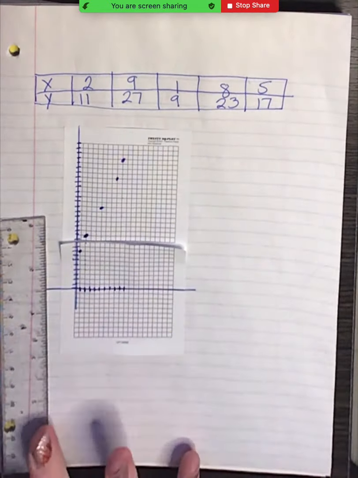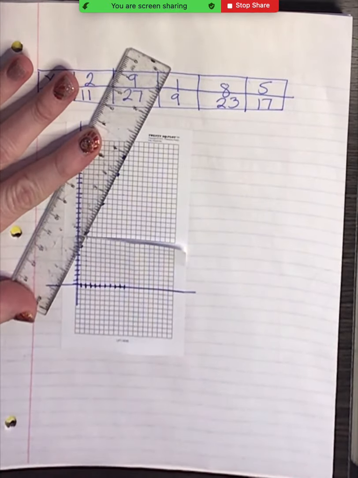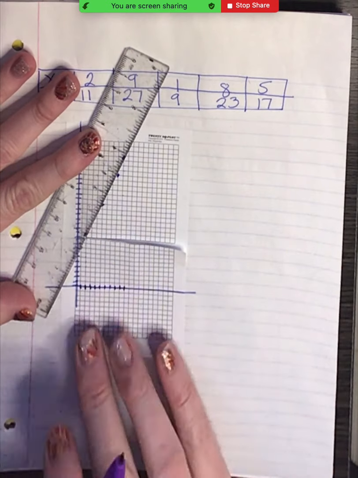Okay, so one line won't fit through every single point, right? We can see that. So I'm going to try to draw a best fit.